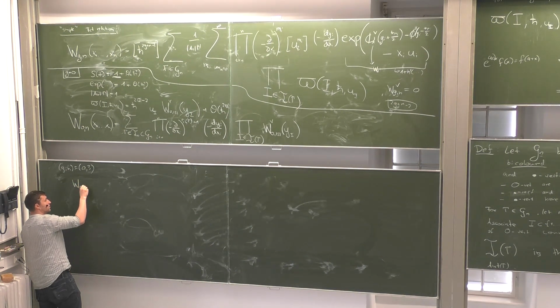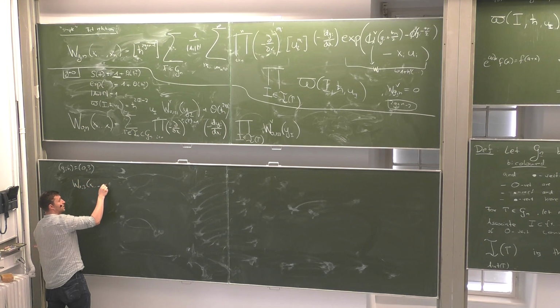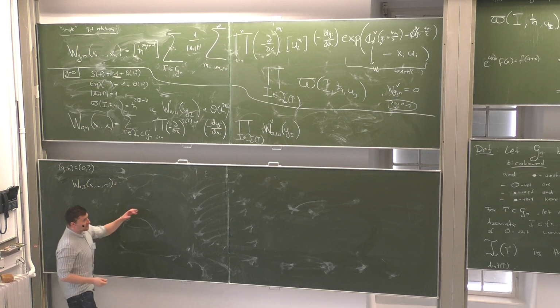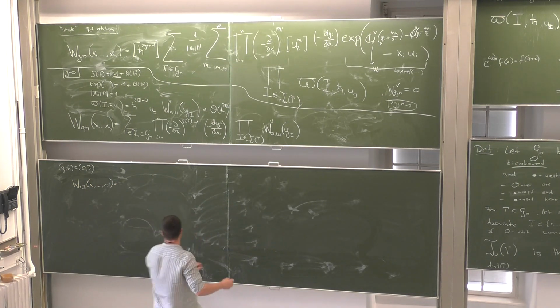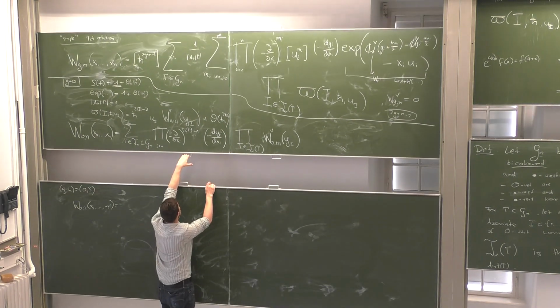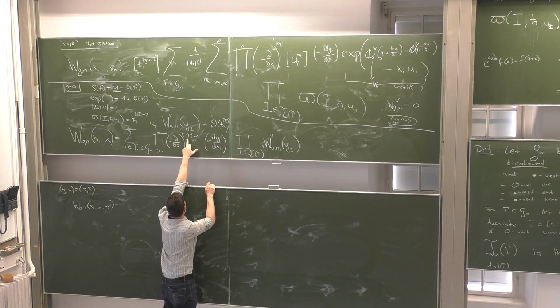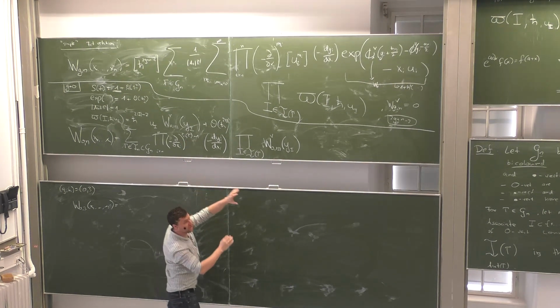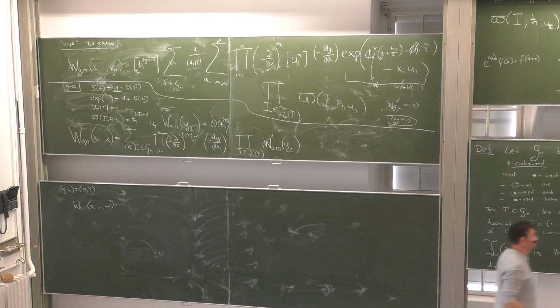W_{0,3}(x1, ..., x3) is given by the first graph, where all the valencies of the vertices are just 1. This was the first graph here.